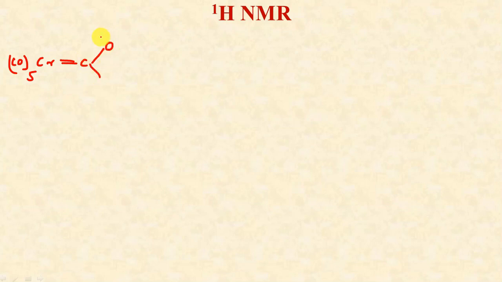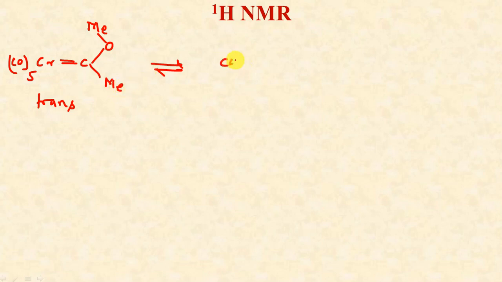Here we have this methoxy substituent and a methyl group at this position. This can be considered the trans isomer, because in proton NMR we have to find out the equivalent number of hydrogen atoms. This equivalency is greatly influenced by the position of the substituents, whether they are at a cis position to each other or at a trans position to each other.